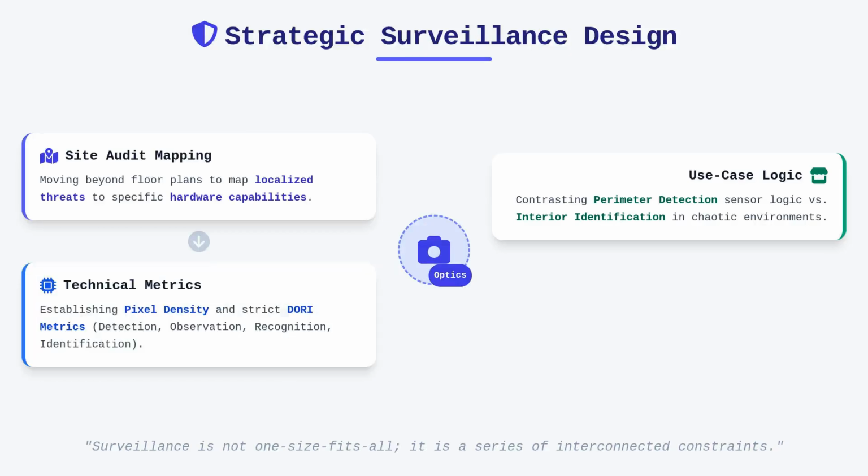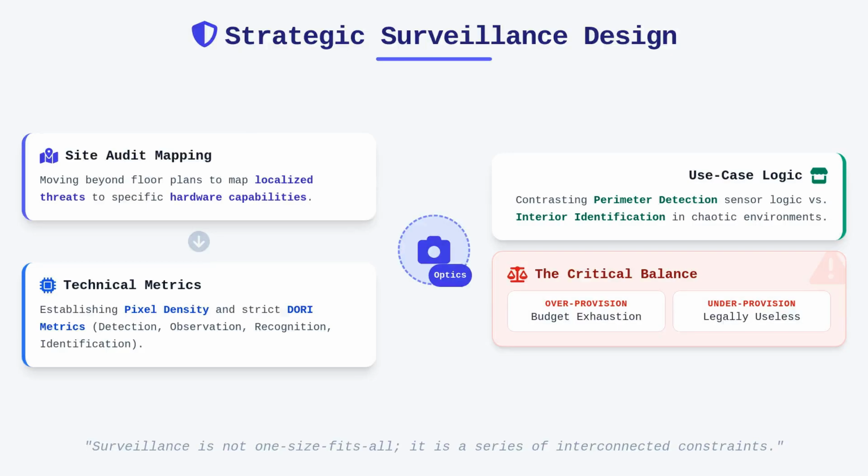We start by establishing the required pixel density for each critical area, ensuring that our hardware selection supports the necessary DORI metrics. The danger lies in over-provisioning every location, which leads to budget exhaustion, or conversely, under-provisioning, which results in footage that is legally useless in a court of law.